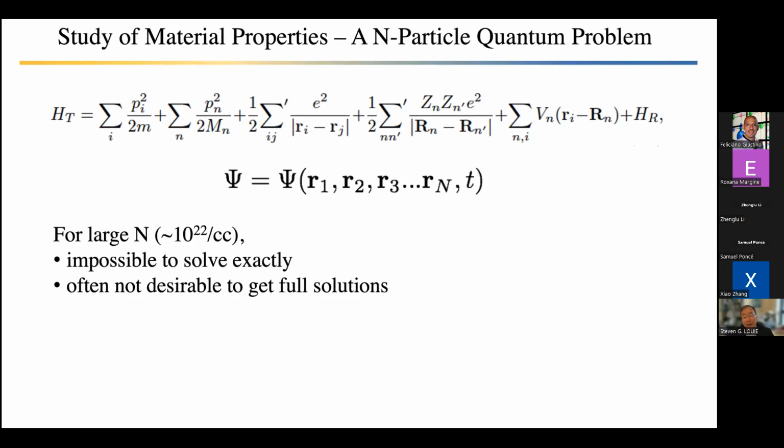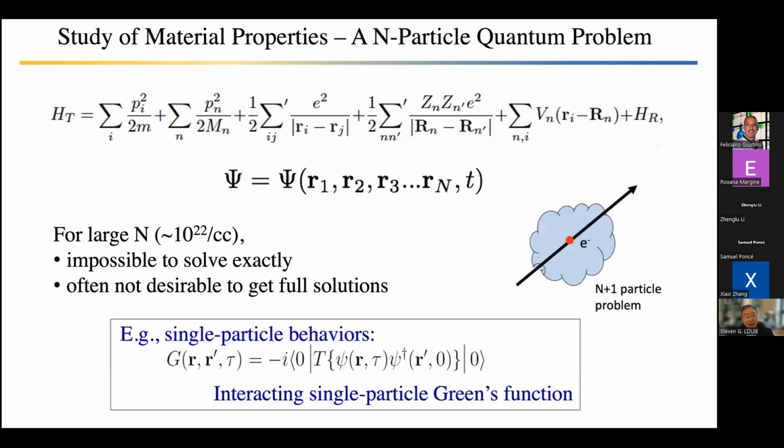So it is actually better to focus on some physical quantity that is of interest so that you could make approximations. So for example, if you're interested in single-particle-like behavior, such as those measurements in, say, a tunneling experiment, then one would be more interested in finding out the probability of finding a particle at position r and time tau when a particle is introduced at position r prime and some earlier time t equal to 0.